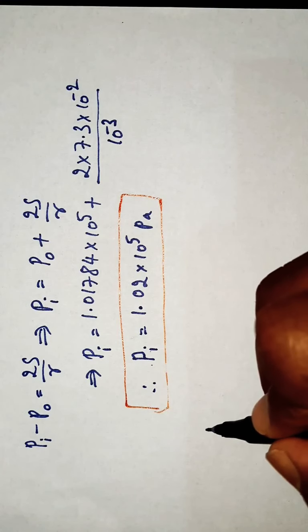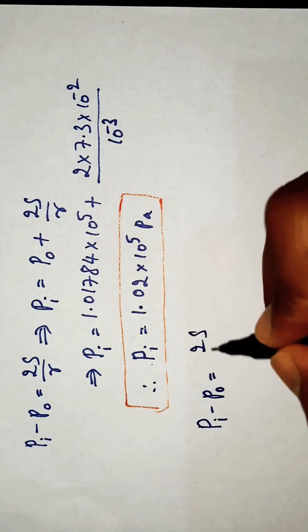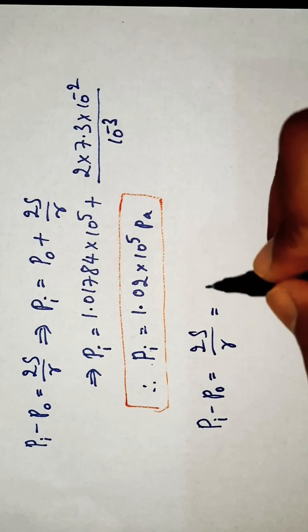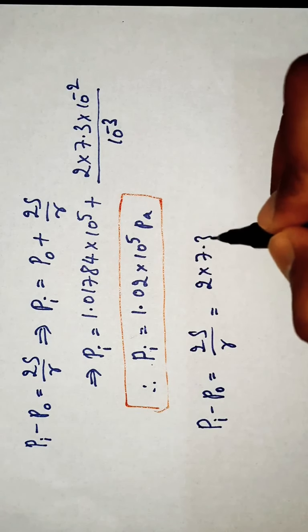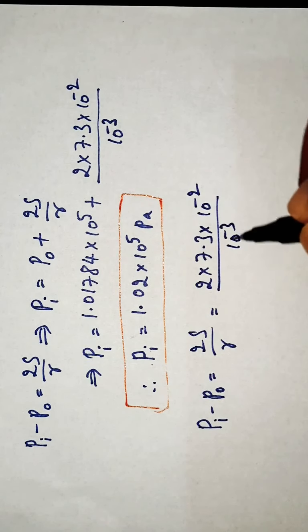Here the excess pressure Pi minus P naught is equal to 2S by R, that is equal to 2 into 7.3 into 10 to the power of minus 2 by 10 to the power of minus 3.